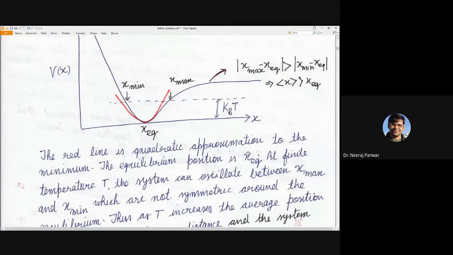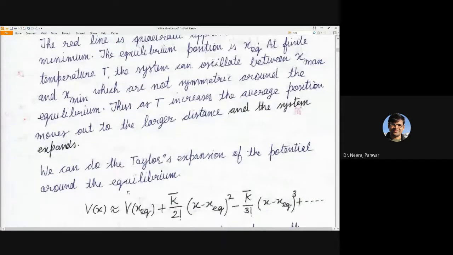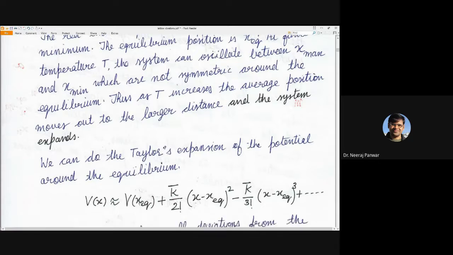So if it is so, then we can do the Taylor expansion of the potential energy around the equilibrium position, and we will get several terms. We consider only a few terms. So V at x equilibrium, this is the equilibrium position, plus k bar divided by factorial 2 times (x minus x equilibrium) squared. So k bar here represents the spring constant.